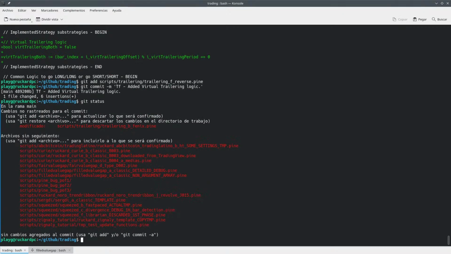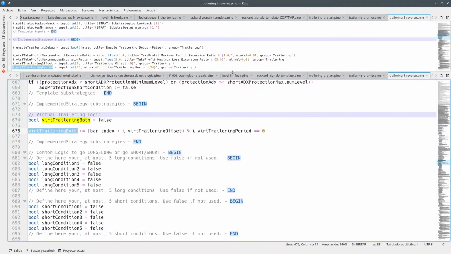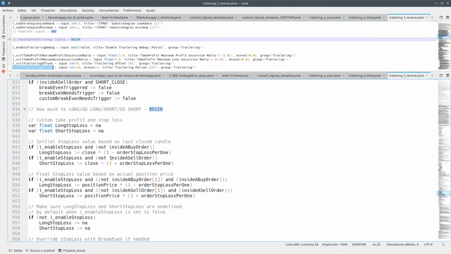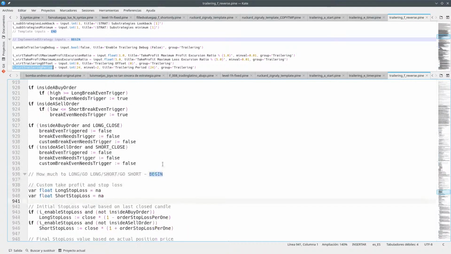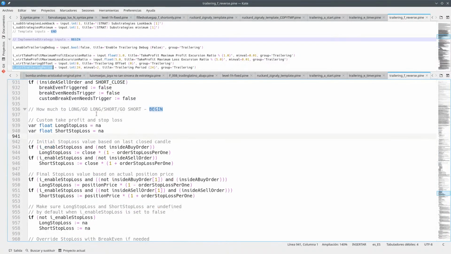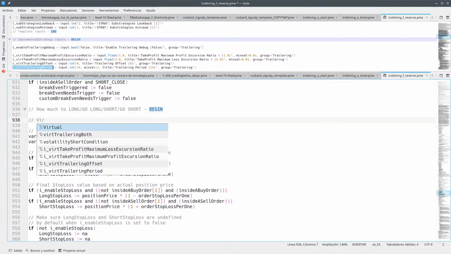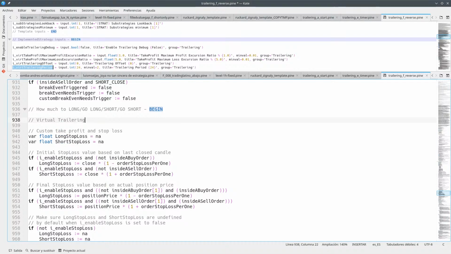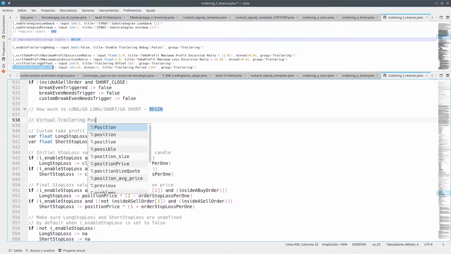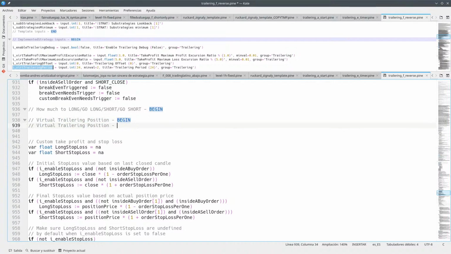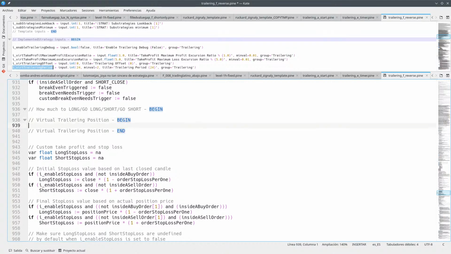So the only change is some B. So what I'm going to do is edit on 939, which is where everything happens, like this, stop loss and so on. Okay, and this is virtual trailering position, begin and end.